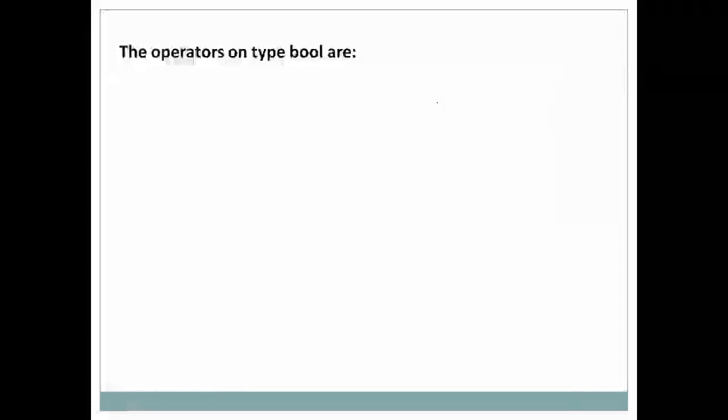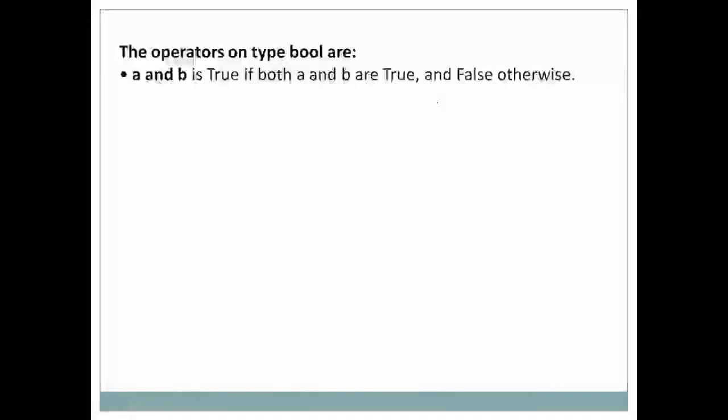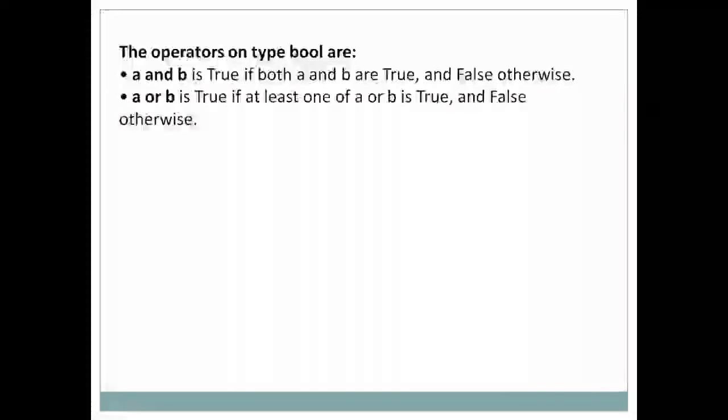The operators on type boolean. If we write a and b, it is true if both a and b are true, and false otherwise. If we type a or b, it is true if at least one of a or b is true, otherwise it is false.